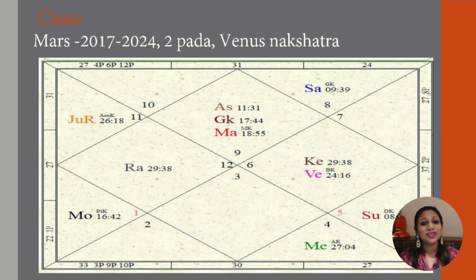And what is Venus doing? Venus is debilitated in the 10th house. See, Venus's debilitation is not bad from a money perspective. Venus can give you money when debilitated. In fact, Venus gives you more money than when exalted. But Venus's association with Ketu is not good from a money perspective.